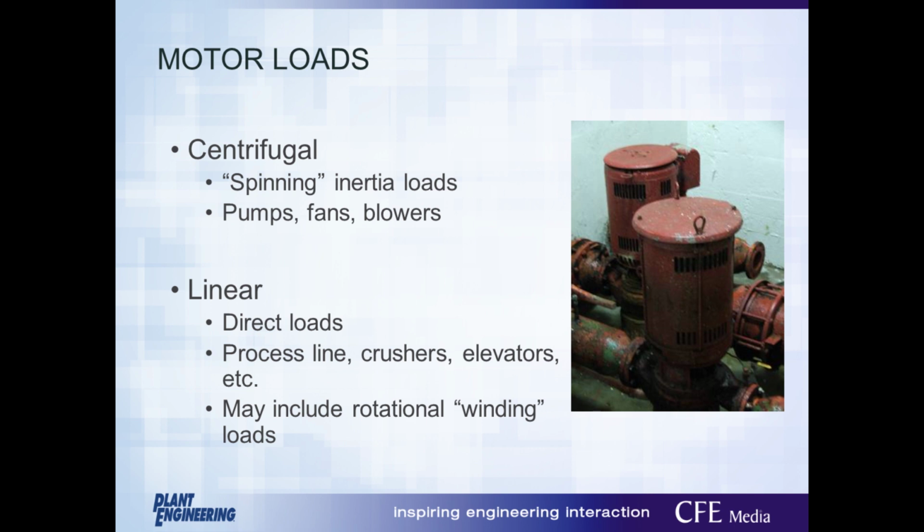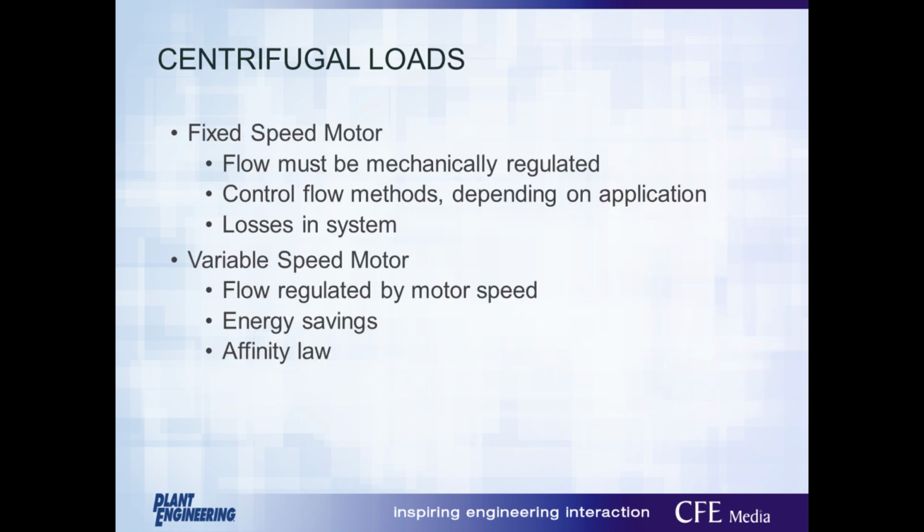Linear loads are more direct loads like crushers, elevators, or conveyors. And typically, linear loads require some constant torque application independent of the speed. For the remainder of the material today, we'll be focusing mainly on centrifugal loads.